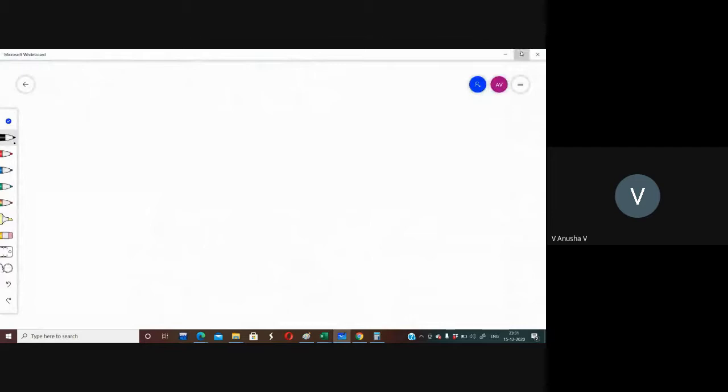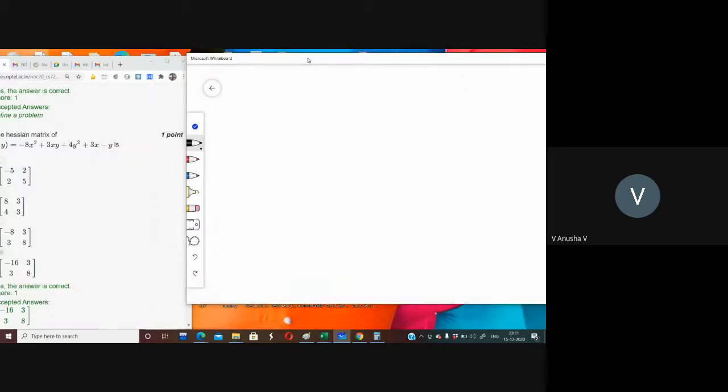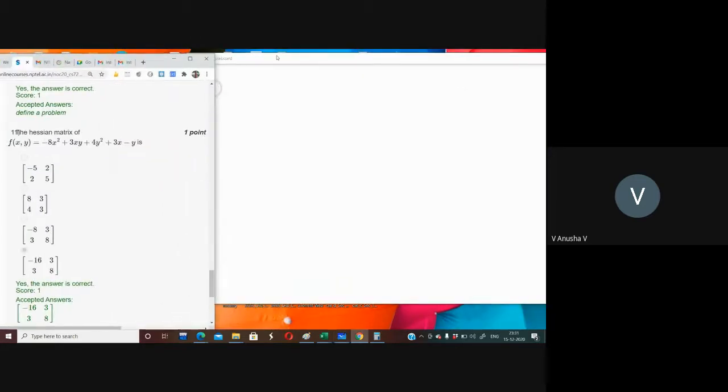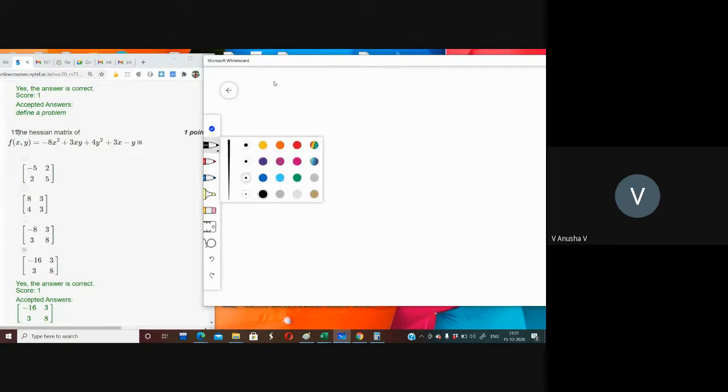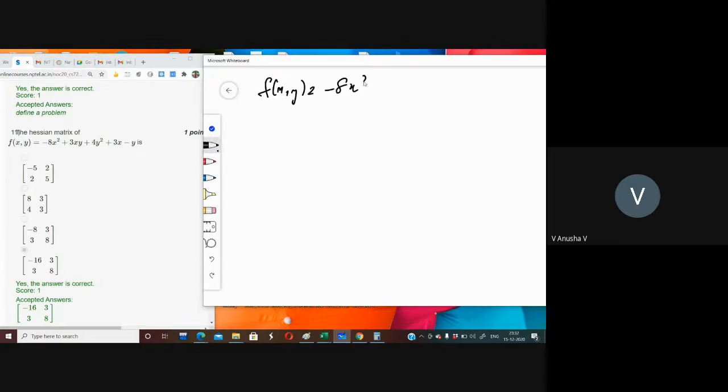I told you the Hessian matrix is nothing but a square matrix consisting of double derivatives, right? So let's see. I'm writing f of x comma y equals minus 8x square plus 3xy plus 4y square plus 3x minus y, right? First of all, I will be finding the first derivative of this. So I'll write dou f by dou x first.